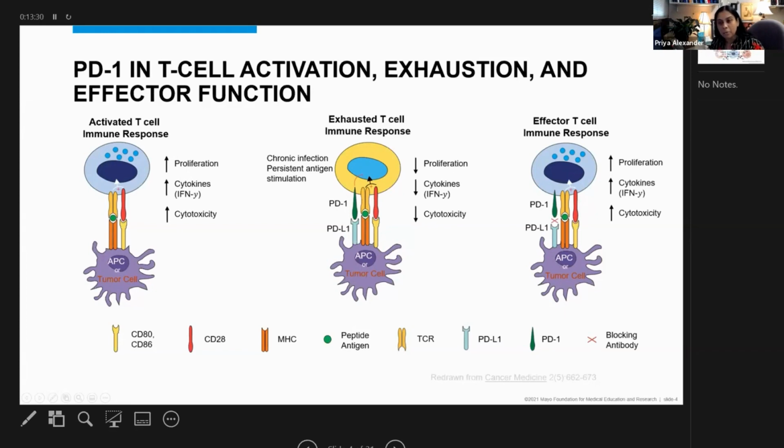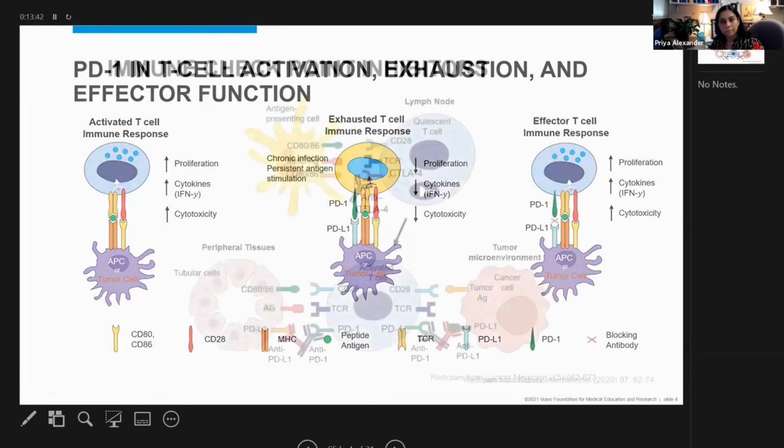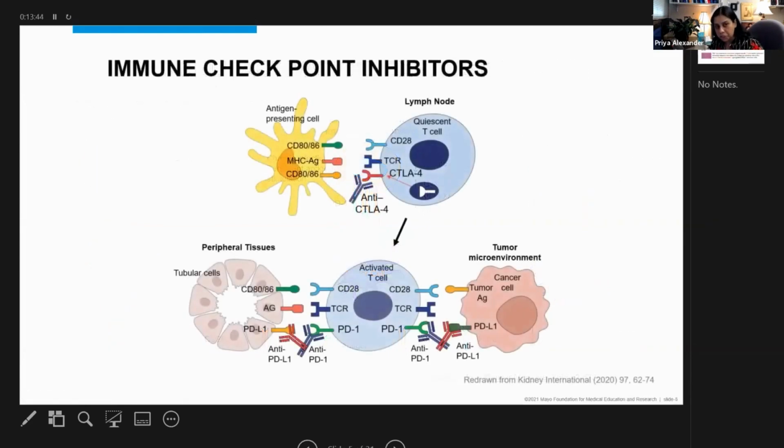So there are antibodies designed to prevent this downregulation, and that causes an effector T cell immune response in the local organ region. So it is this theory that has been utilized by the novel therapies that are being used now to allow overactivation of T cells and destroy tumor cells.